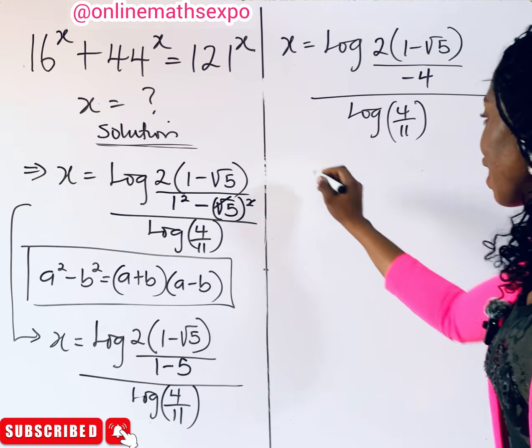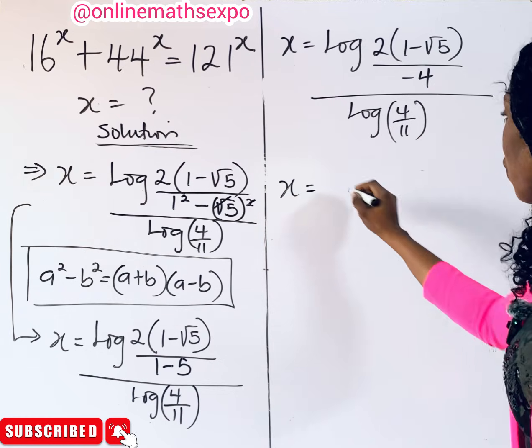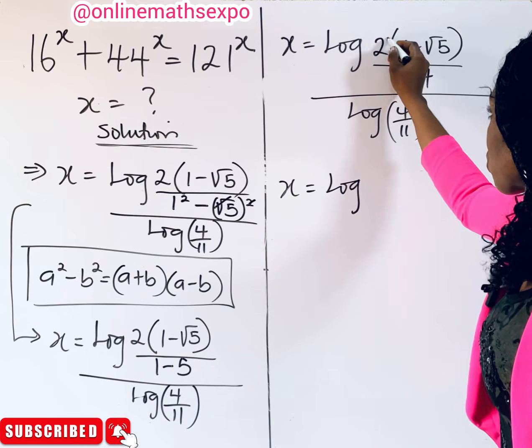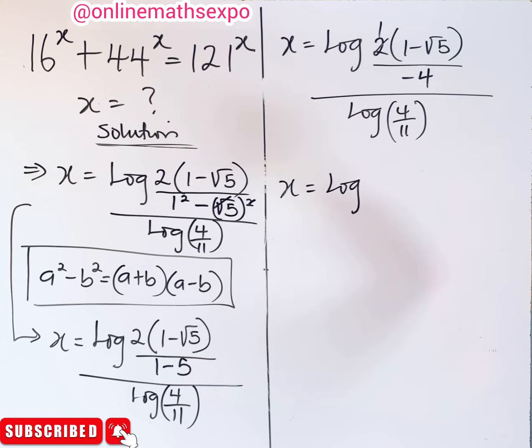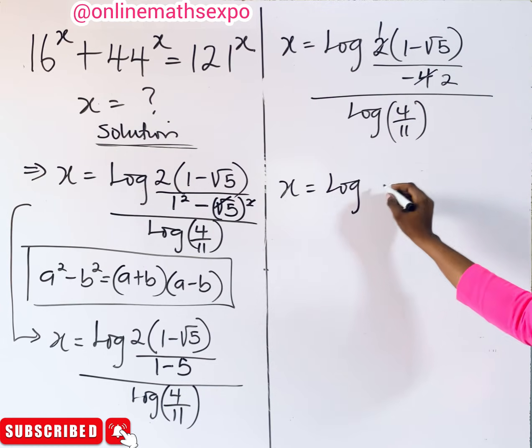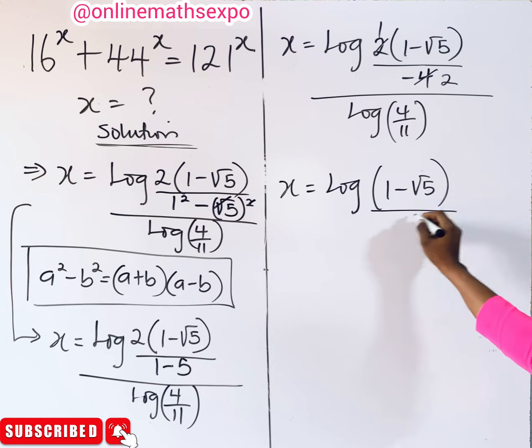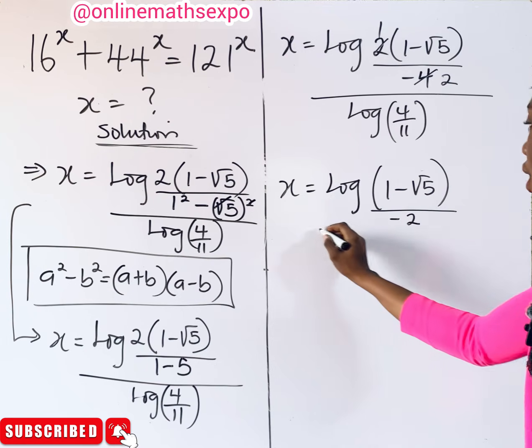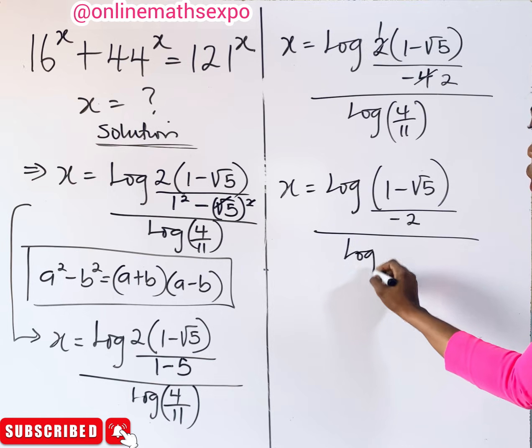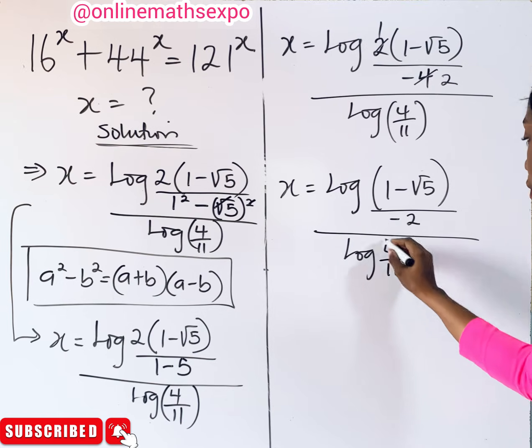To simplify again, we have x is equal to log of, this 2 takes itself 1, it goes there 2 times, so we're going to have 1 minus root 5 divided by negative 2, okay? All are divided by log of 4 over 11. Interesting.